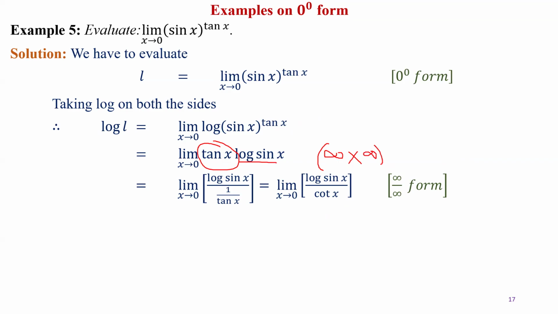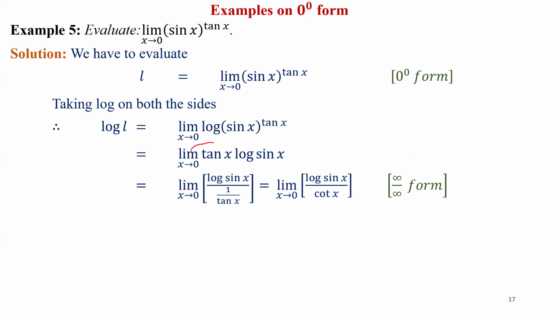Now, if we want to simplify this limit, we have to convert the given limit into either infinity by infinity form or 0 by 0 form. If we have either of these two forms, then we are able to apply the L'Hospital rule.